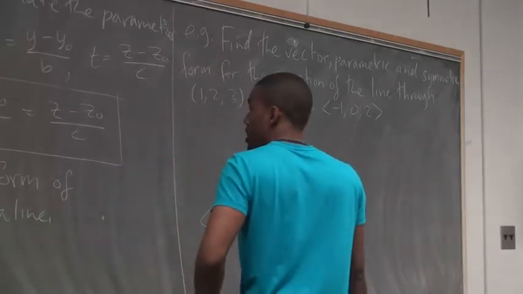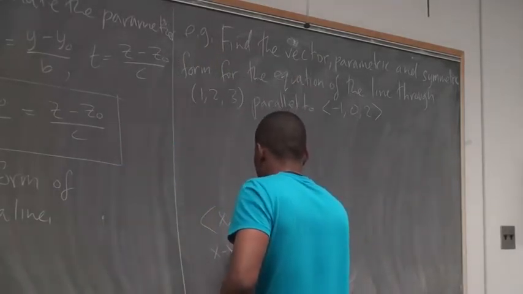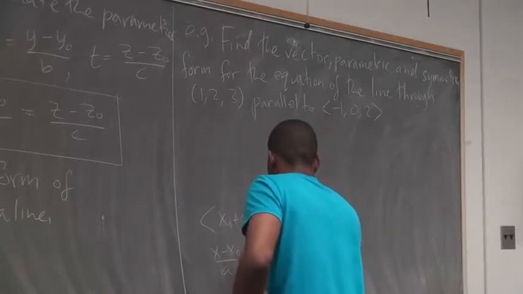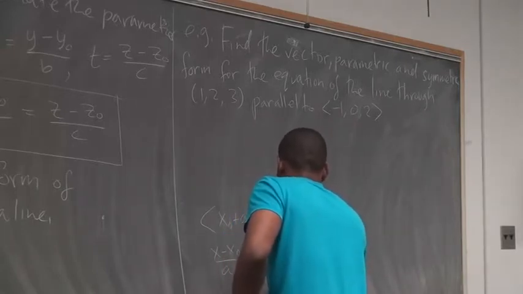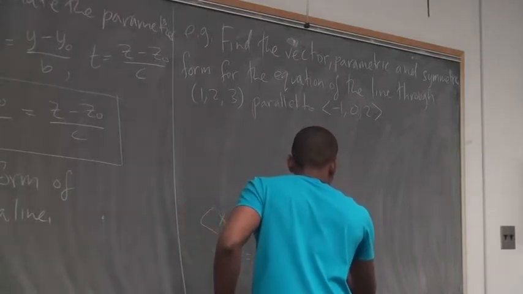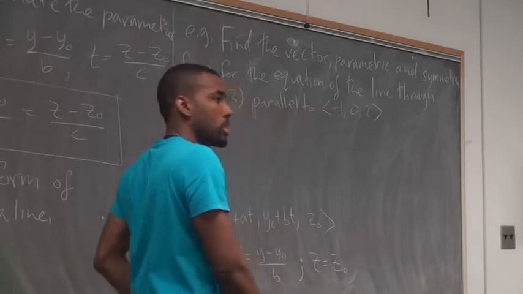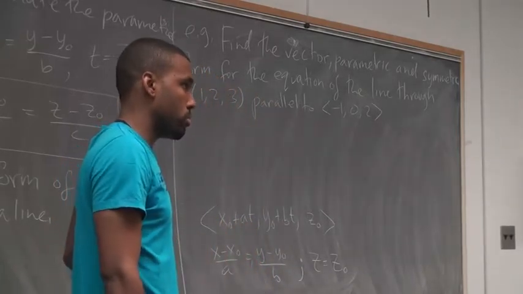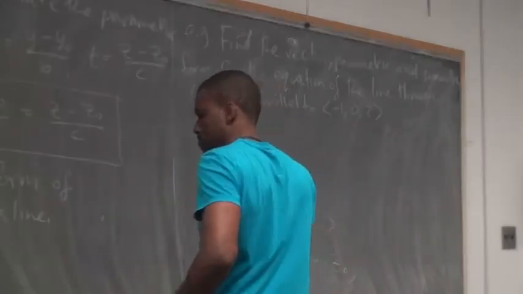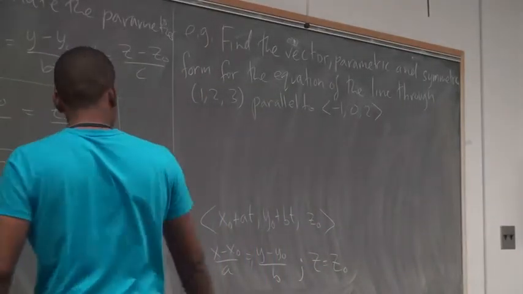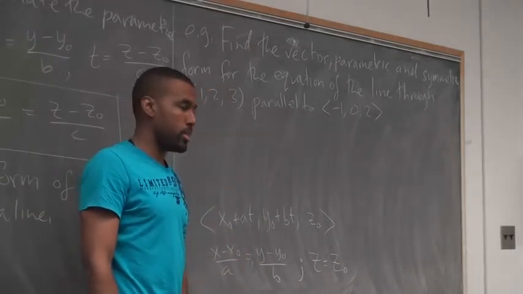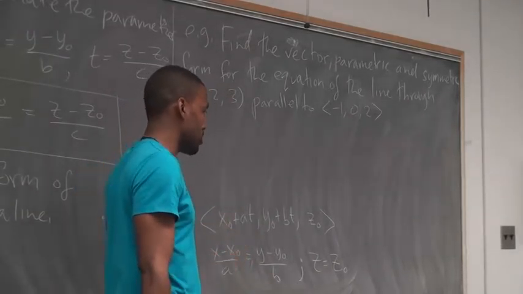In that case, you start the symmetric form with the x's and y's, and then you put a semicolon and you write z equals z naught. That's the standard way to do it. I guess that's a good question because we never divide by 0. So you have to wonder, if it's 0, what do I do? That's what you do.